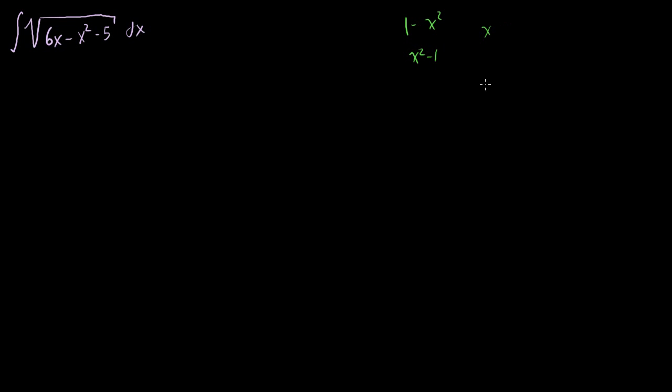So let me delete these real fast. Let's see if we can complete the square down here. If completing the square doesn't look familiar to you, I have a whole bunch of videos on that. Let me rewrite this as minus 5 minus x squared.